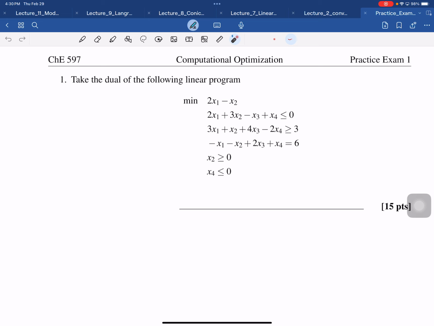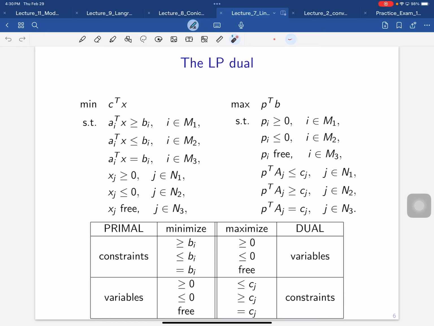So you can refer to lecture 7, especially these slides. It kind of gives you a manual of how to take the dual of a linear program, right? It gives you the signs of the variables corresponding to each of the constraints and so forth.